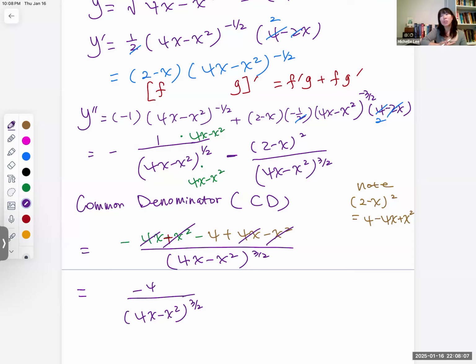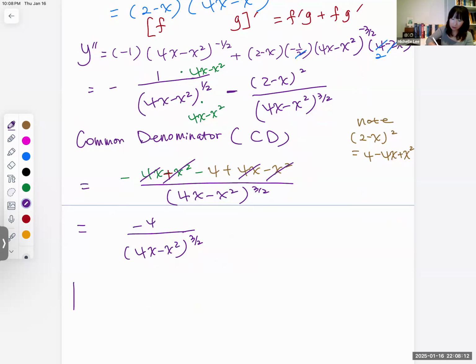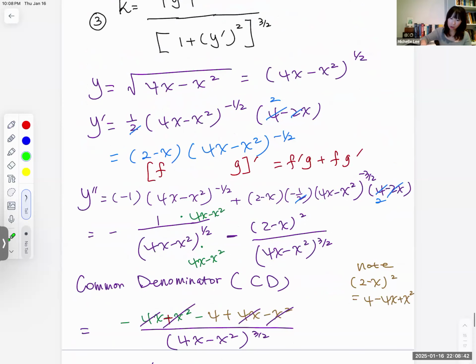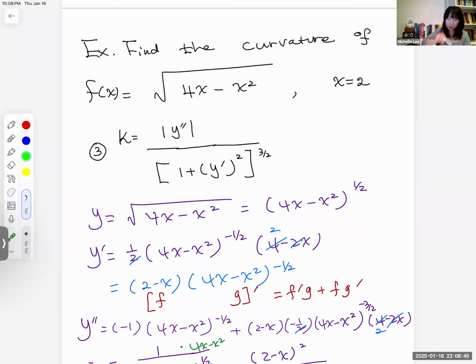So this is just y second prime. We have to take the absolute value, so negative 4 over 4x minus x squared to the 3 over 2 power becomes just positive. Now, since we did the numerator, let's do the denominator. Did I say numerator?